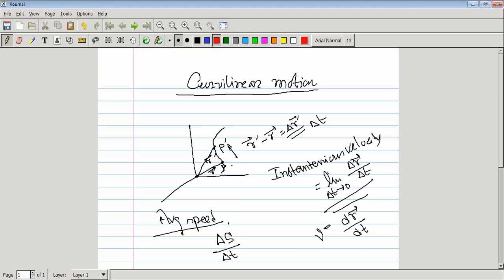See, this particle p follows a path. This is the path actually. This arc, the path length between one position and the other, is the displacement amount. So del s divided by del t. Clear?